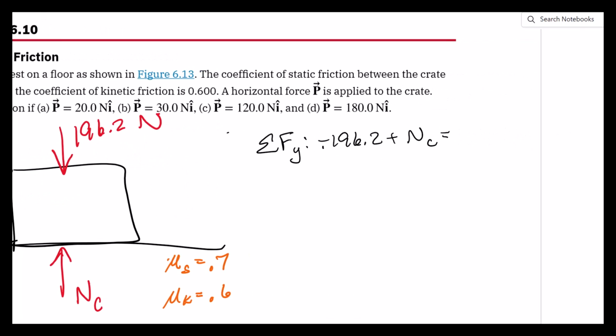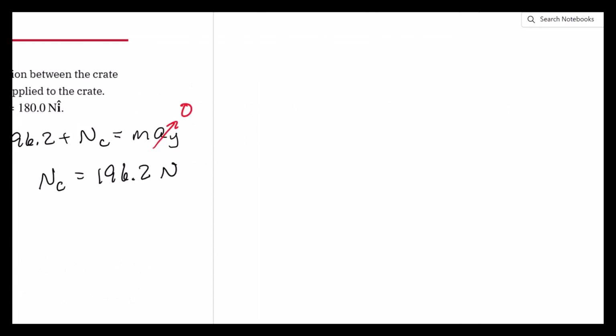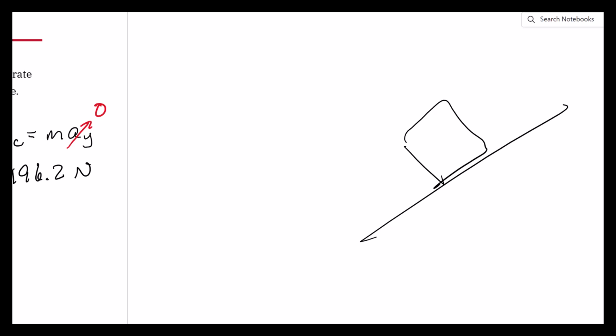And I guess that's really important for you to know as well, it is just the normal force. It's not always going to be the weight. Right now, the acceleration in the y is 0, so the normal force is just the 196.2 newtons. But if I had a crate on an incline, then the normal force wouldn't be the whole weight, because the weight is getting broken out into two pieces. Make sense? Okay.